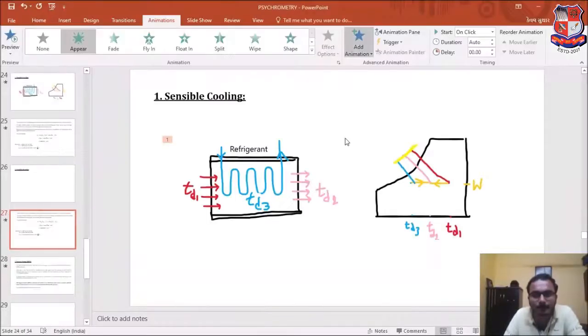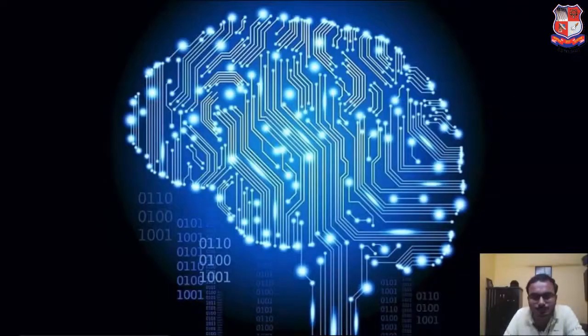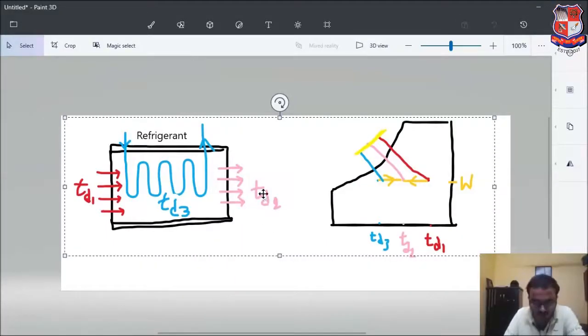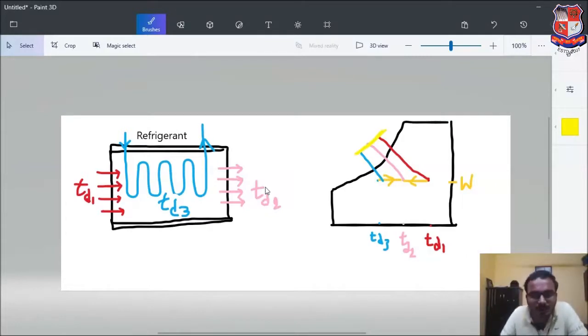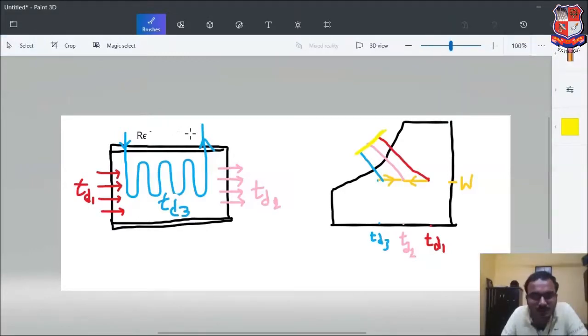Now sensible heating. To understand it, we will again use a figure. Instead of refrigerant here, as now we are in sensible heating, there should be some arrangement for heating.